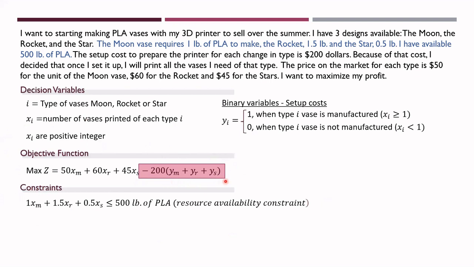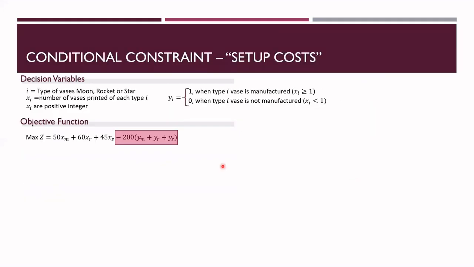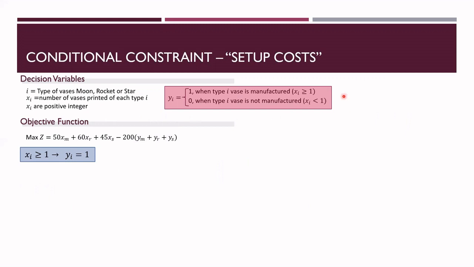So that's what we need to do now. We need to come up with constraints that will force these yi variables to be 1 when they need to be 1. So how to do it? What that definition means mathematically is that if xy is greater or equal than 1, which means I'm producing some vase of y type, then yi is going to be 1.